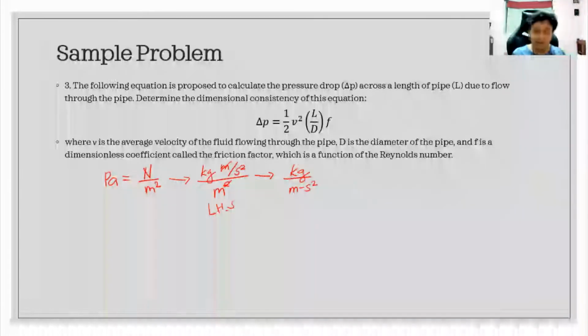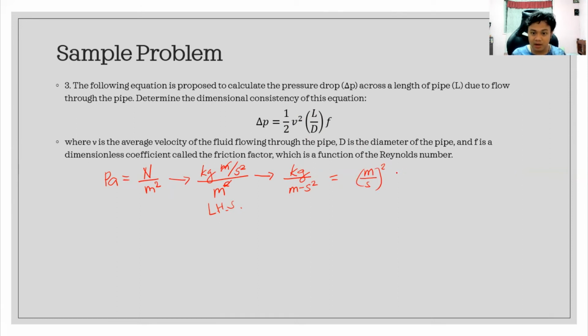What about in the right hand side? The 1/2 and f there are dimensionless, so we can factor them out of our analysis. So V squared has the units of meters squared per second squared, since the standard unit for velocity is meters per second. And for L over D, it's a ratio.